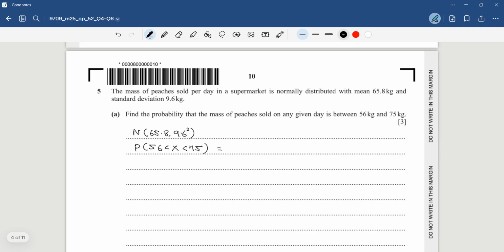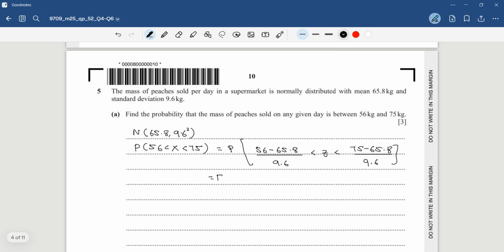So first we standardize the values. Since it is not a discrete to continuous case, you don't need to do any continuity correction, so don't confuse it with the previous question. So it's going to be 56 minus 65.8 divided by the standard deviation 9.6, and 75 minus 65.8 over 9.6.